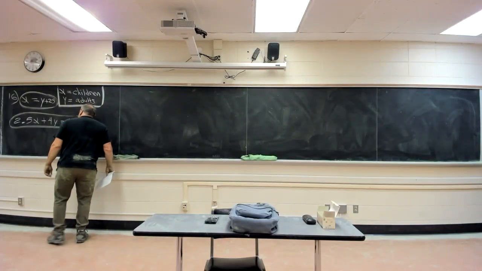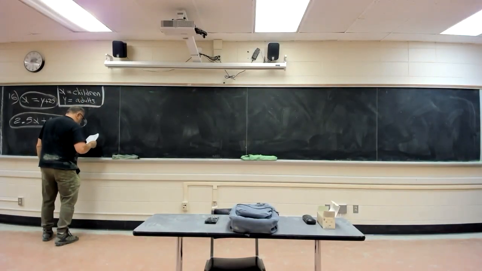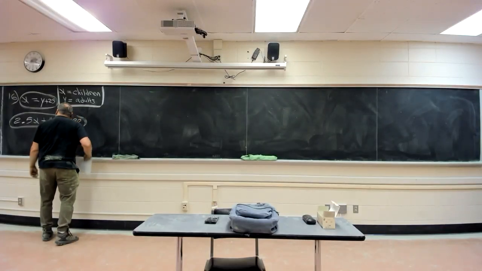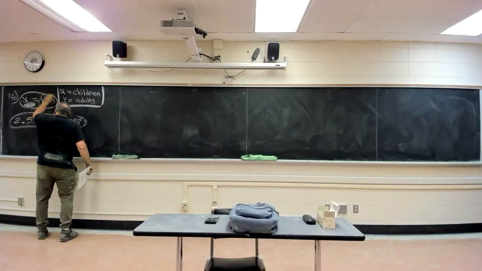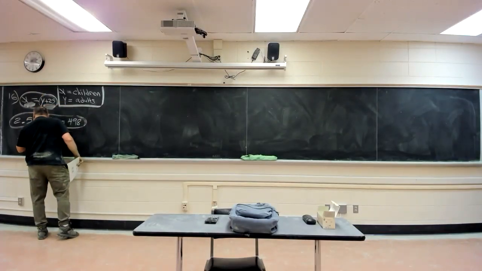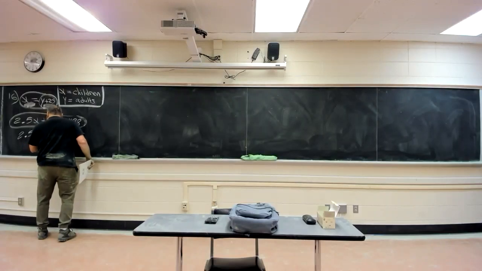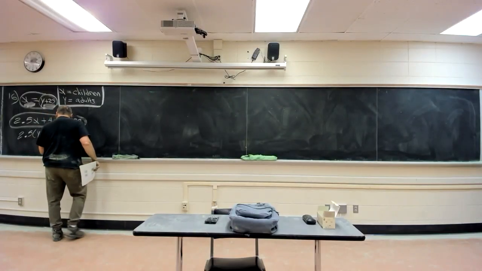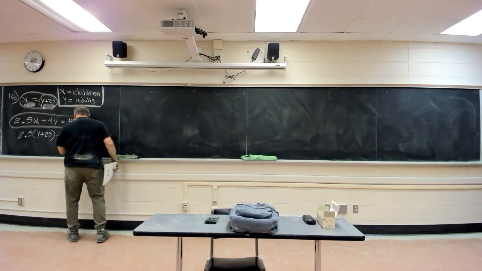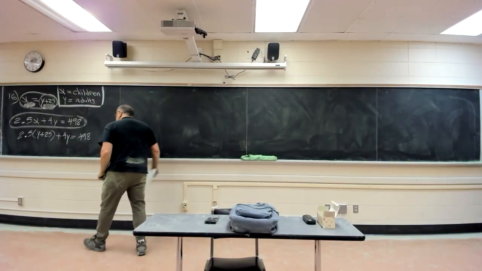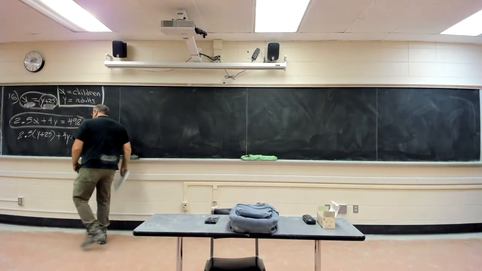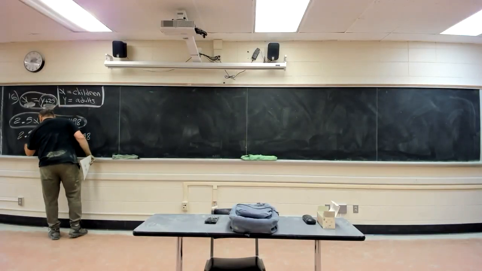I'll tell you what. There's 25 more of the children's tickets than there are of adult tickets, so wherever you see an X on the bottom, why don't you substitute Y plus 25? So you've got 2.5 times (Y plus 25), plus 4Y equals 498. See how that works out. Let's do the distributive principle.